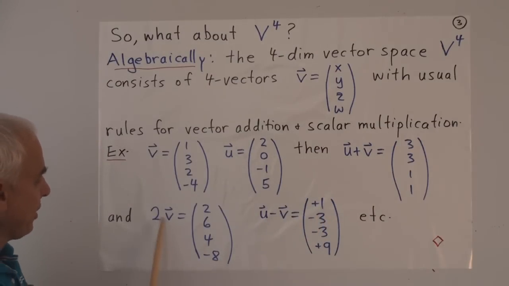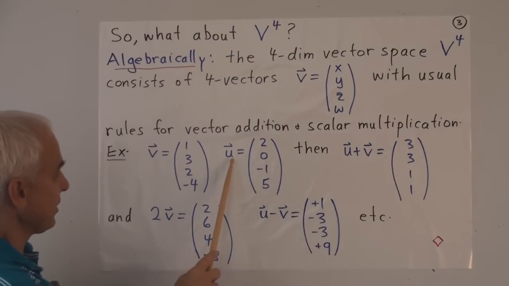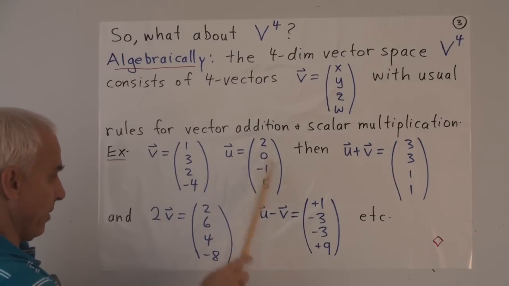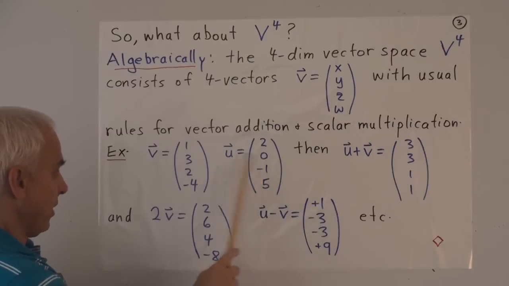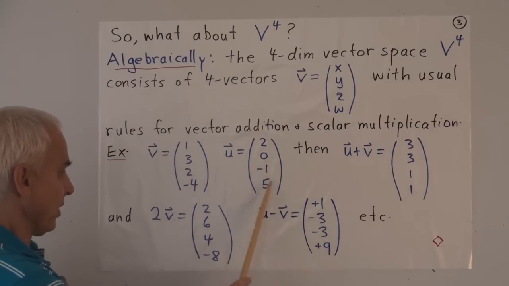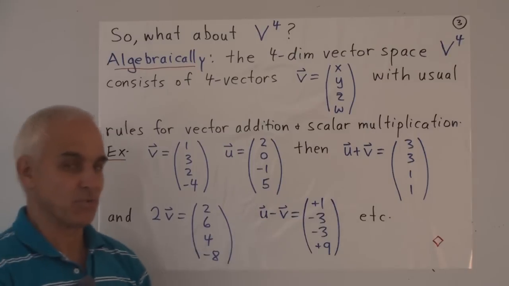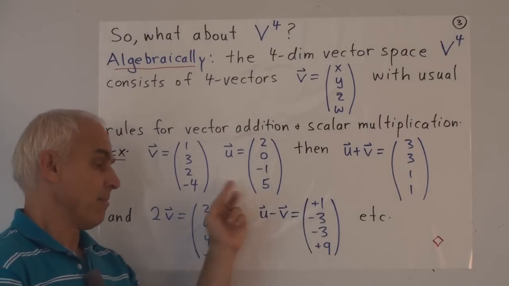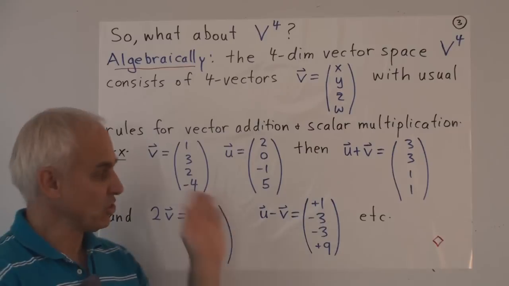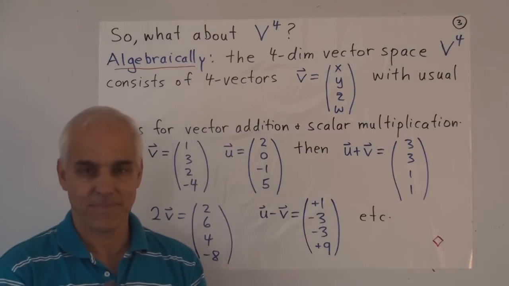Here's a scalar multiple. 2 times this vector, just multiply each component by 2. If we want to take the difference, say u minus v, then we would get 2 minus 1, minus 3, 9. And we can take other combinations. We can take 4 times this vector minus 3 times that vector. We just do everything component-wise.